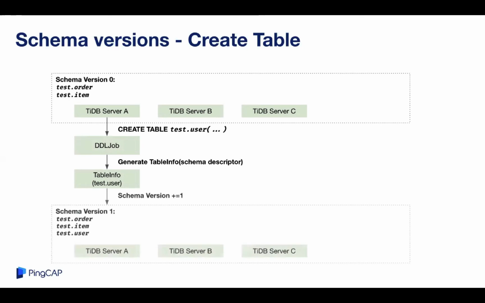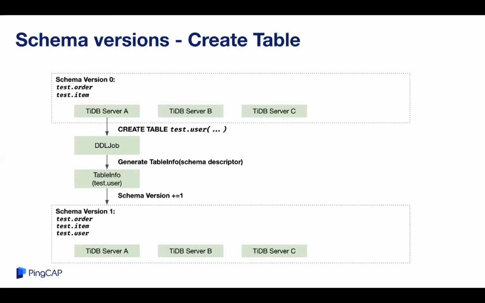This table info will be persisted in the storage layer and then applied to all the TiDB servers. So we have the newer schema version, schema version 1 in this case, which has 3 tables, including the newly created table.